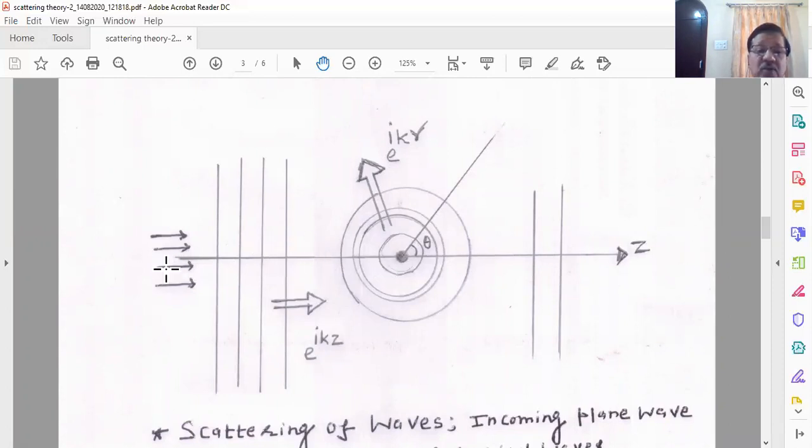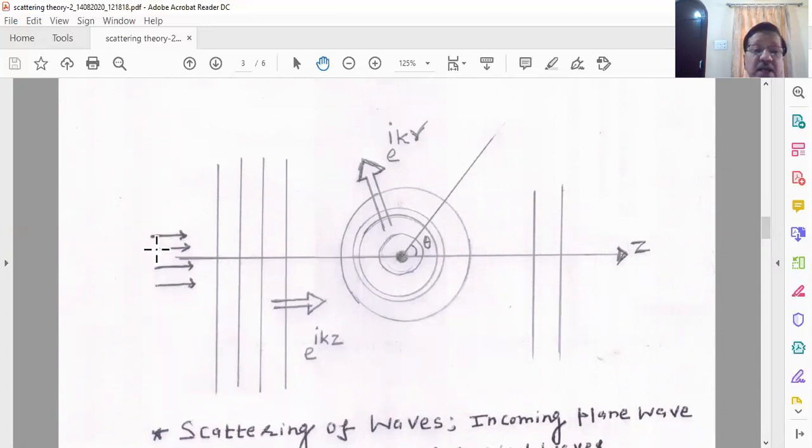Your target is kept at the origin. When the beam is at a large distance from the scatterer, it does not experience any potential field produced by the scatterer. So at large distance r, the potential observed by the incident particle is zero.